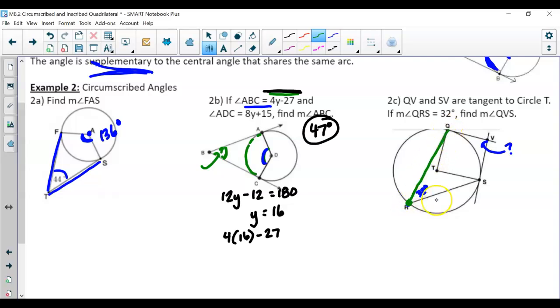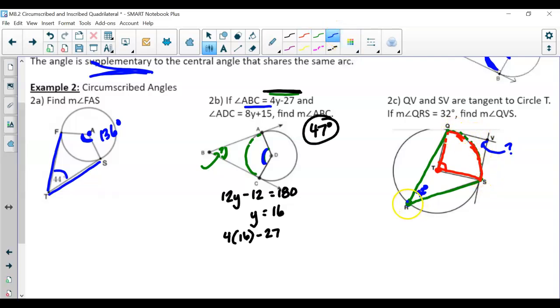And if you notice, the two chords that create it also create arc QS, which central angle QTS also creates, as well as our circumscribed angle. So they all share QS.